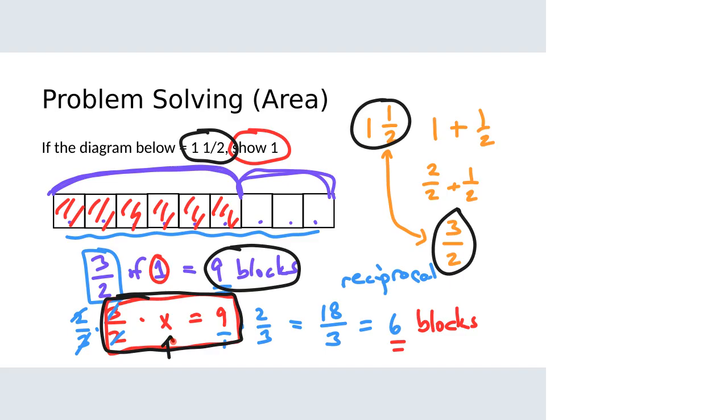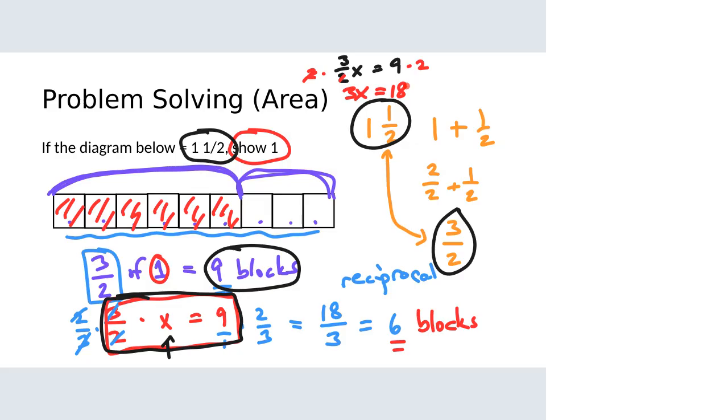We could solve it by doing what Laura suggested. Let me try to find some space on here to squeeze that in. When we had 3/2 times x is equal to 9, Laura's suggestion was multiply by 2. If I multiply by 2 on both sides, now these 2's cancel, and I have 3x equals 18.